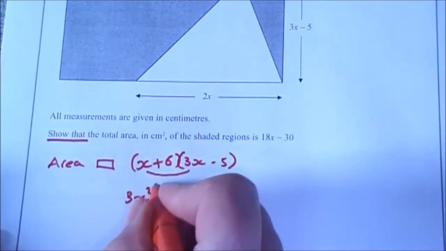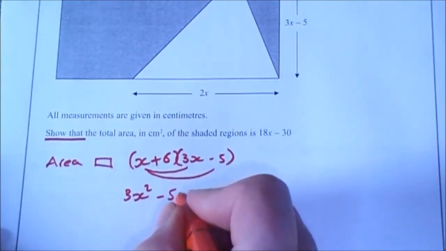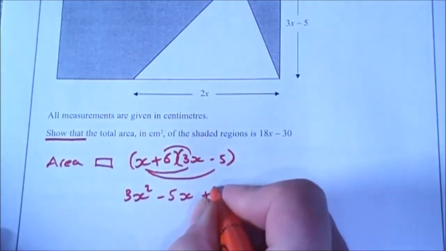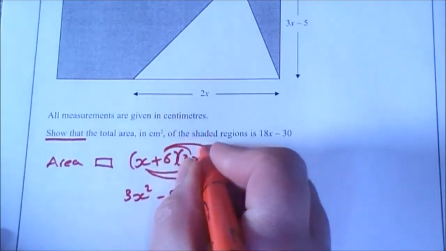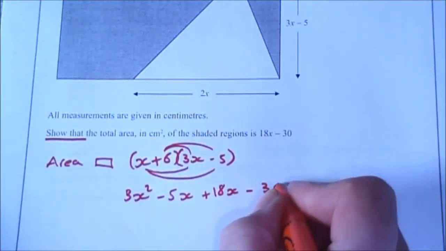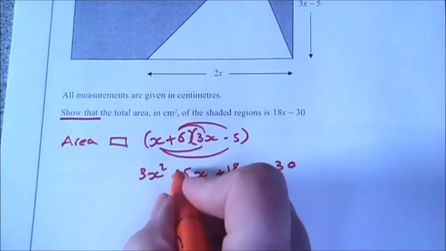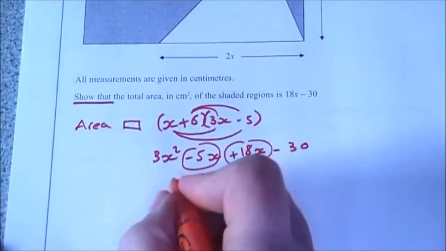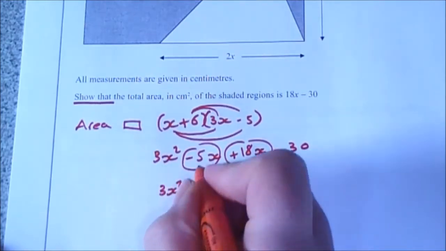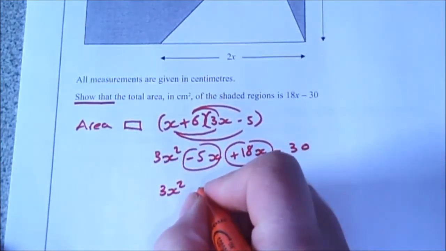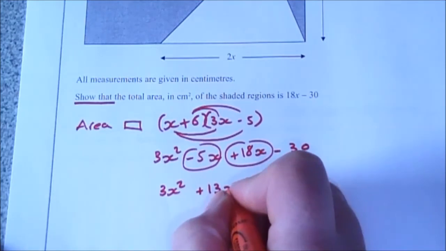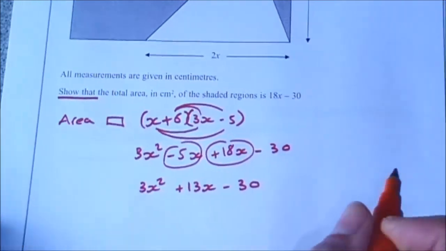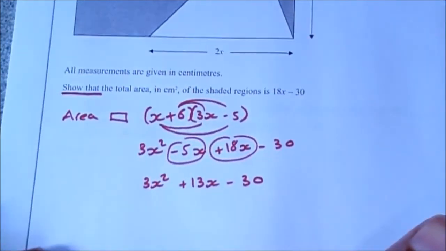That gives me 3x squared minus 5x plus 18x minus 30. By the time I've gathered and collected all my like terms, I end up with 3x squared. Negative 5x plus 18x leaves me with positive 13x. Take away the 30. So that's the area of the rectangle.